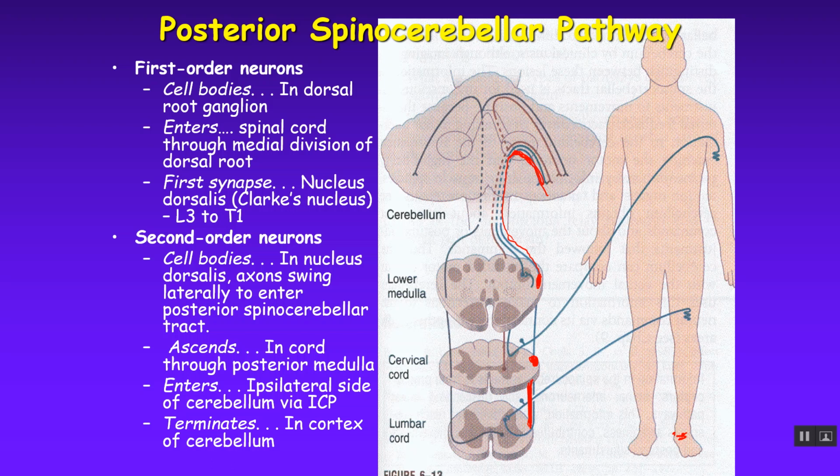So these axons coming up from below the cerebellum are going to go into the inferior cerebellar peduncle and then go into the cerebellum, and then communicate with the appropriate region in the cortex of the cerebellum associated with the lower body. Okay.